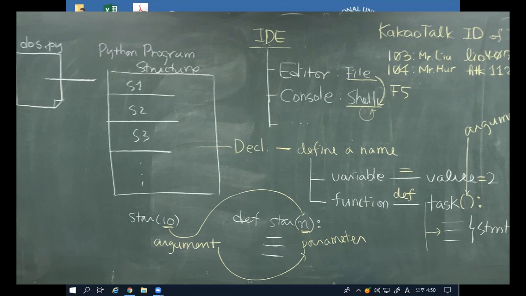The other is called a function. A variable is for some value, such as 1, 2, or 5. Those values can be referred to by your declaration. Another kind is a function. This is for some task. The task itself is a sequence of statements.